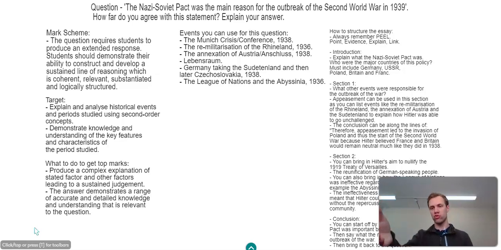Well, first of all, for the introduction, you have to explain what the Nazi-Soviet Pact was. It was a pact between the USSR and Nazi Germany in splitting up Poland. That's all it was. That was the agreement. And for the USSR, it gave them a bit more time to shore up their defences and to basically get more manpower in Russia.